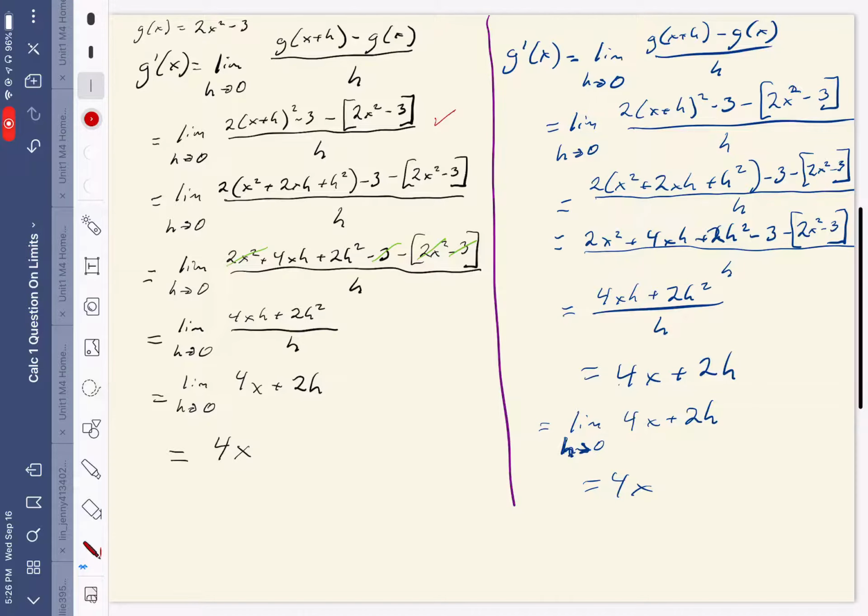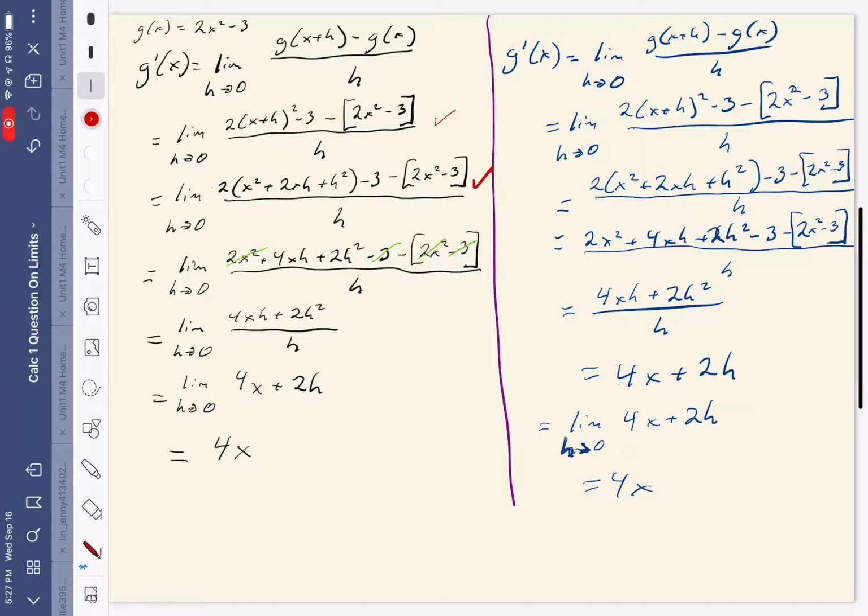The first thing I need to do before I can take the limit is rearrange and simplify that expression a little bit. So I multiply out my x plus h squared, and I get to this point. But I still need to take the limit of that. So I have to say all of this is equal to all of this. I haven't lost any information anywhere along the line.